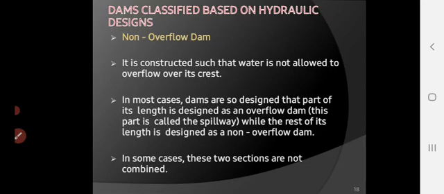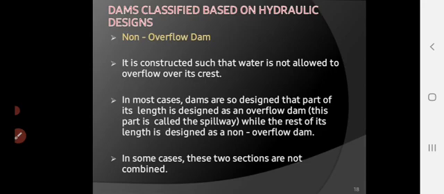Like in the case of a gravity dam or concrete dam, the height is very high, so it is not possible to make it an overflow dam. So within the dam section or parallel to the dam, a spillway is constructed and the excess flood water overtops from the spillway, not from the dam body.